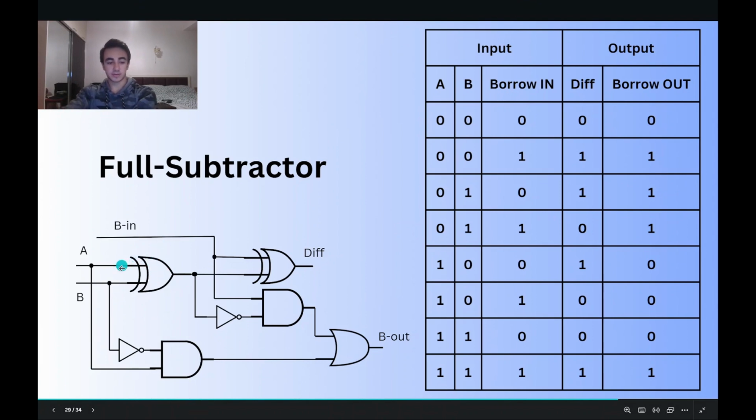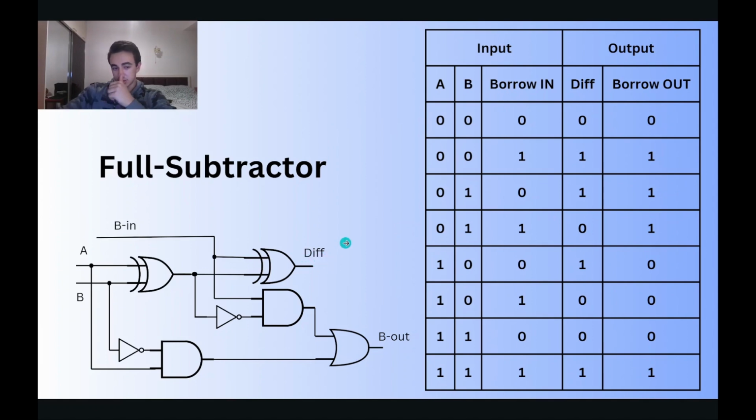But when the XOR output is 1 and borrow in is also 1, this XOR outputs 0. The output of XOR is negated, so we get 0, and borrow in is 1. The AND gate outputs 0. So here the AND gate output is 1, and here we have 0, so the OR gate would output 1. And the difference for the whole operation is 0.